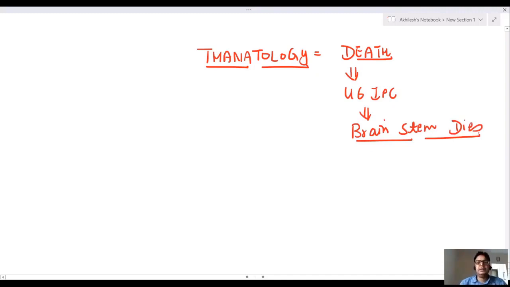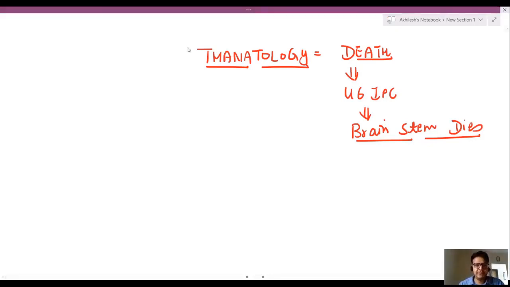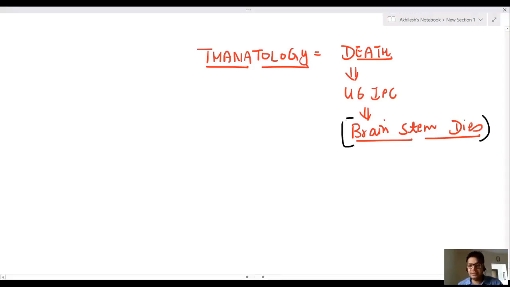This is thanatology, the study of death. So whenever the brainstem dies, we use this word death. For brainstem death, we use Minnesota criteria.